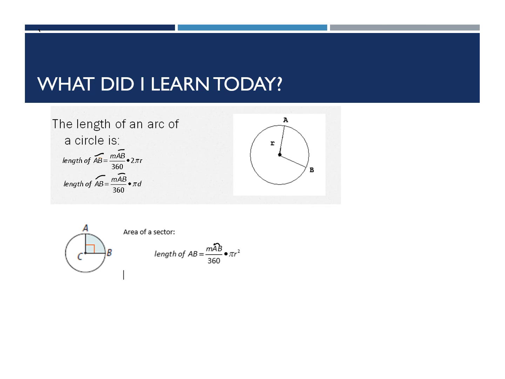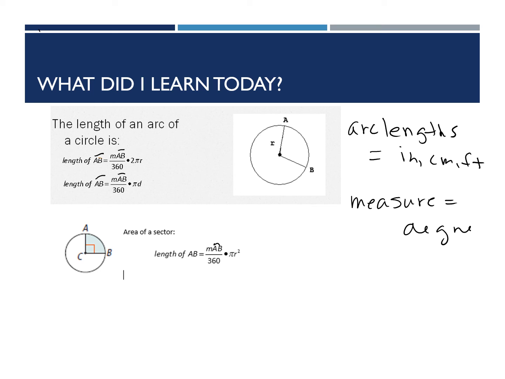Remember that arc length is an actual measurement, like inches, feet, centimeters, anything like that, whereas the measure of the arc is the degrees. The area is the same process. We're looking at that part of the circle and then multiplying it by the formula for the area.